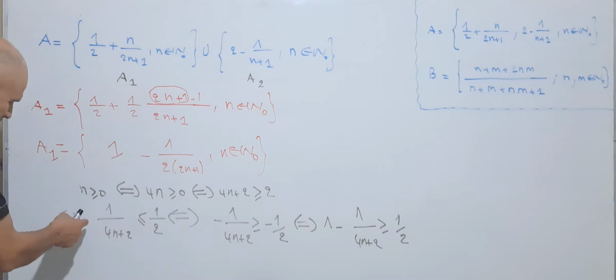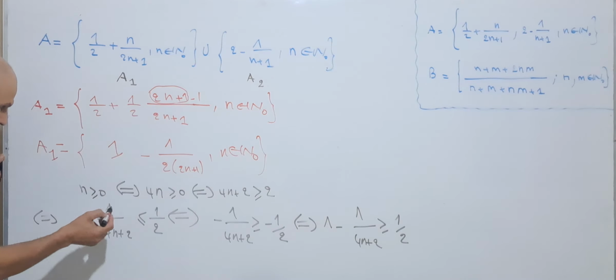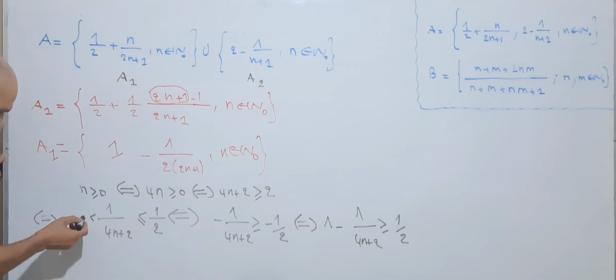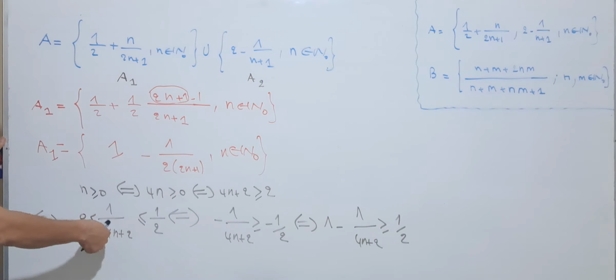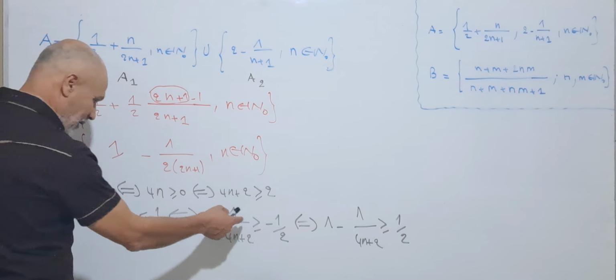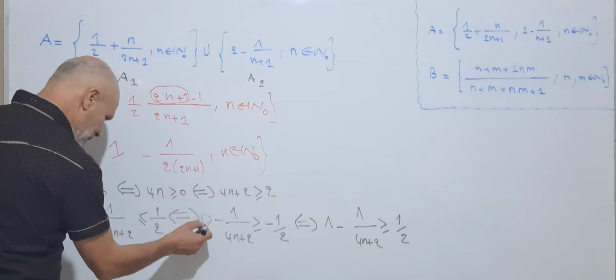And from this side, we divide, this is strictly greater than 0, because we have positive terms, which means that here we have greater and less than 0.